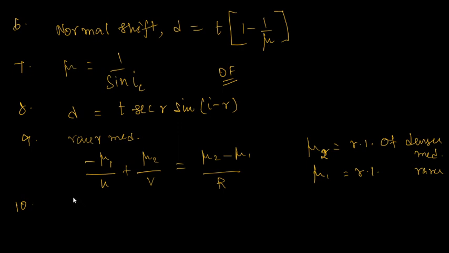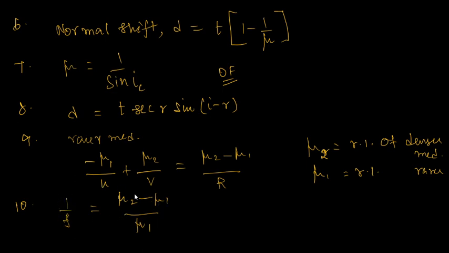in fact, we know already about the lens maker's formula, and this is given in terms of 1 by f. 1 by f is equal to mu 2 minus mu 1. So what is the speciality of this formula? In fact, you cannot find any u or v here.